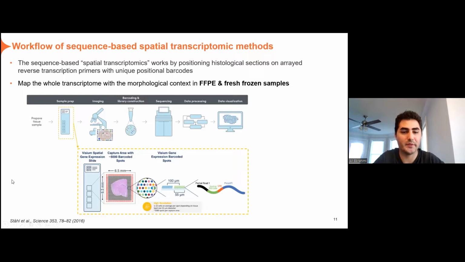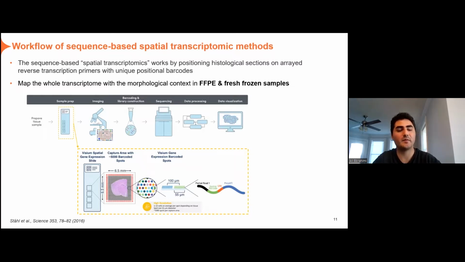So you put your tissue on these arrays, with an H&E stained image, and then you do microscopy where you can register the location of the tissue and the location of each of these spots that have these UMIs.